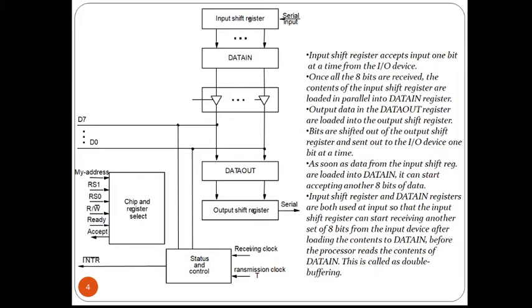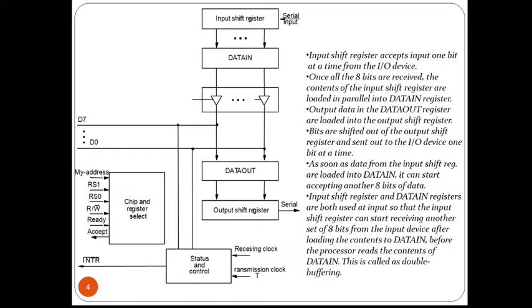When all the 8 bits of the data have been received, the contents of this shift register will be loaded in parallel to the data in register. So it will be bit serial input from the IO device, and when it is loaded onto the data in register, it will be loaded in the parallel fashion.